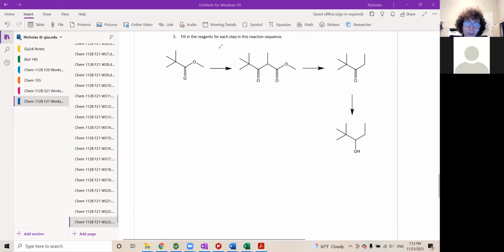So here's a sort of synthesis problem where I'm giving all the intermediates, and the first step is a mixed Claisen reaction. So we're just filling in the blanks. I'll go over it in a bit of detail, so make sure everybody understands. We're starting with an ester, we end with an ester and ketone, and they're beta to each other.